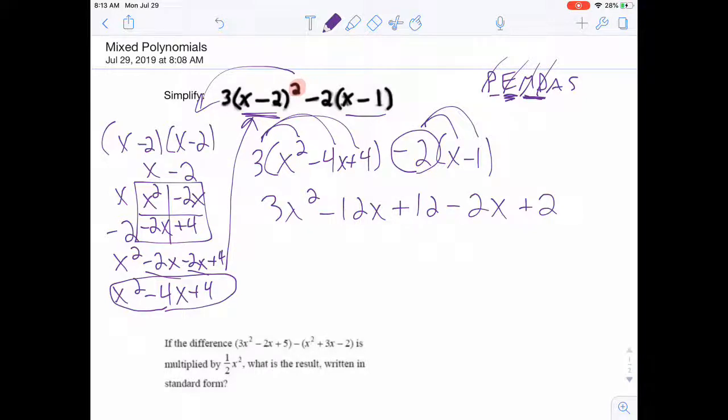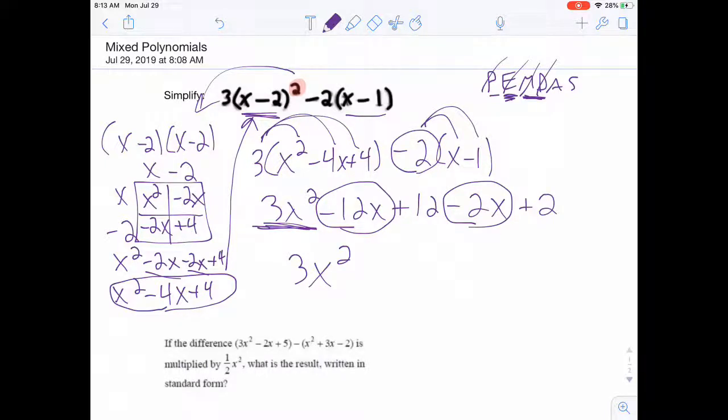If you recall from when we added polynomials, we are combining like terms, same exponent, same variable. So I'm going to put it in standard form as I go, highest exponent to lowest. I look, do I have any other x²? No, so that just comes down, 3x². I look at my x's. I have negative 12x and negative 2x.